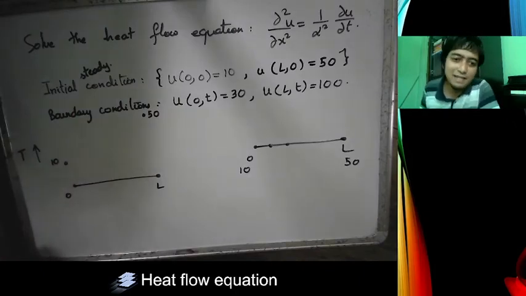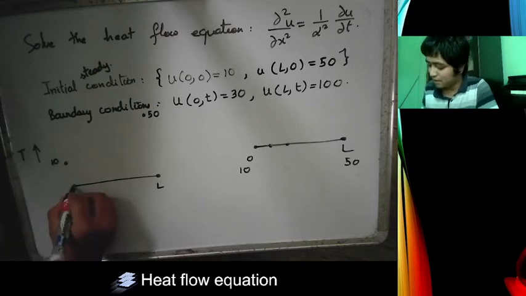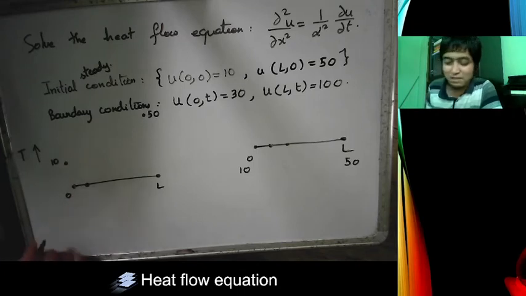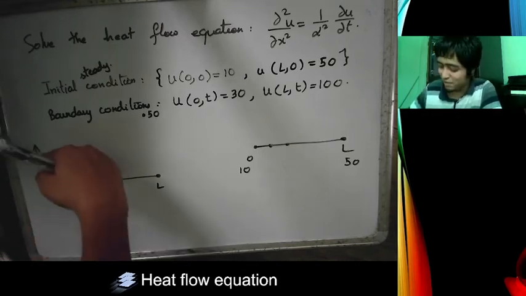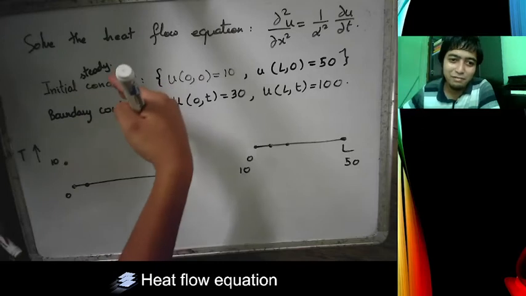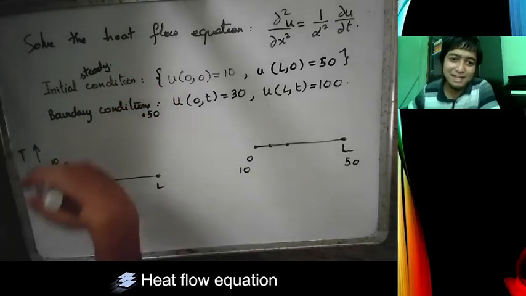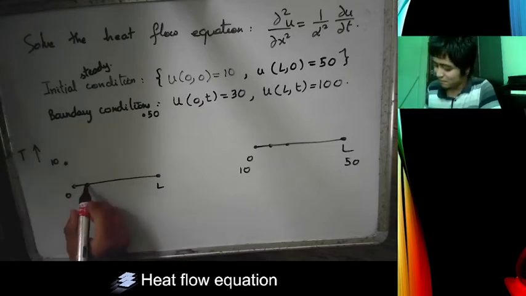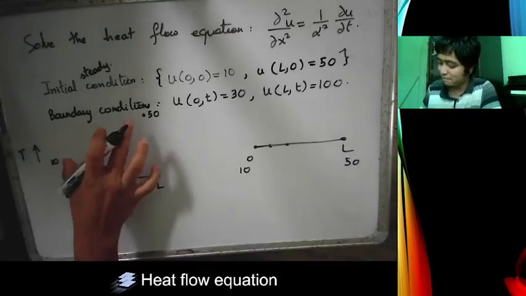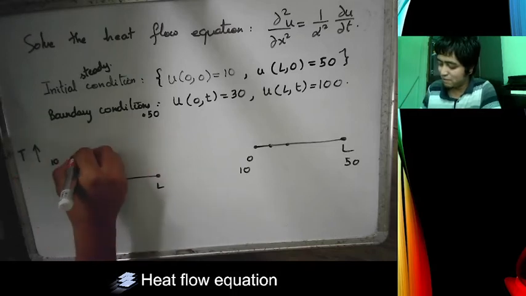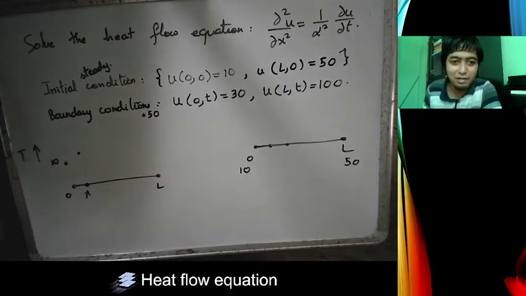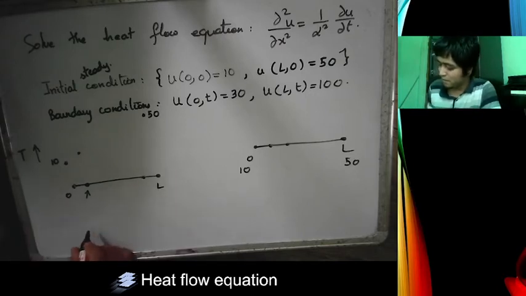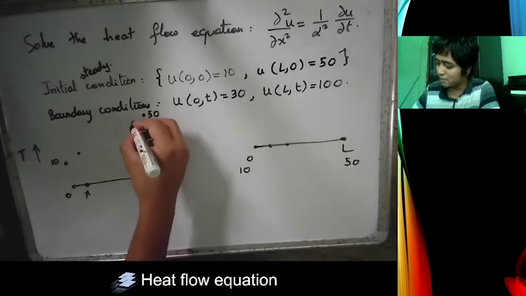When it has achieved a steady state, just think about it. Since you are keeping this one at 10 and this one at 50, what will be the temperature of this point over here? Will it be greater than 10, greater than 50, less than 50, less than 10? If you think about it, it makes sense that the temperature of this point will be somewhere between 10 and 50, so let's say somewhere here. Similarly, this point over here will be closer to 50, right?